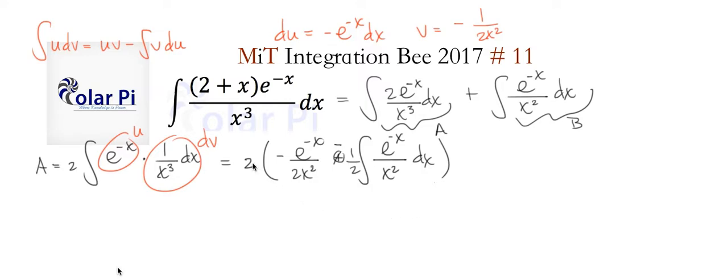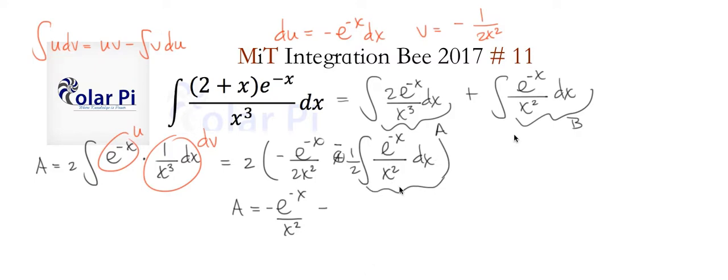And now the next thing we're going to do is distribute this 2 to this guy and this guy. When we do, this 2 is going to cancel that 2 there, and it's going to cancel that 2 also. So basically, we get rid of the half here and the half there. Okay, and so that would mean that A, the integral we're working on, is now equal to, in a cleaned up version, this, and then minus that.